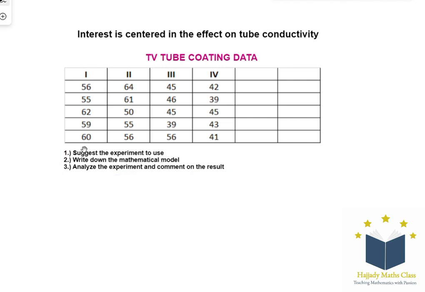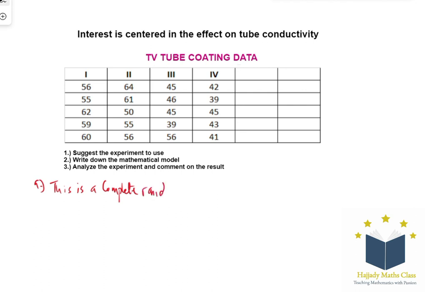Now looking at this, since our interest is in the TV tube coating data, we just want to see if there's a significant difference in the mean of the tube coating data. So for the first question, we're going to use what is known as a completely randomized design.